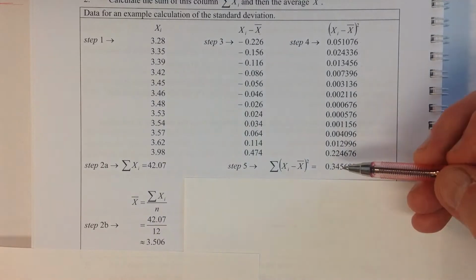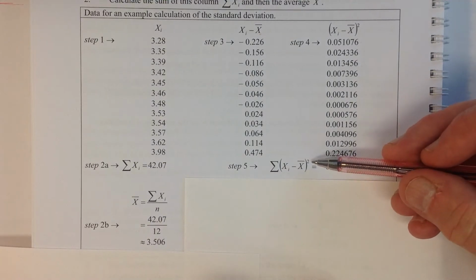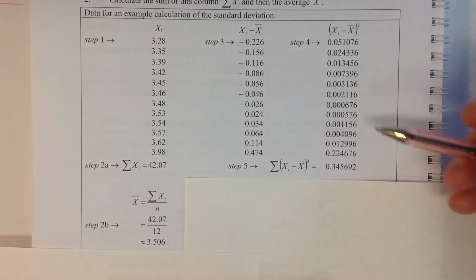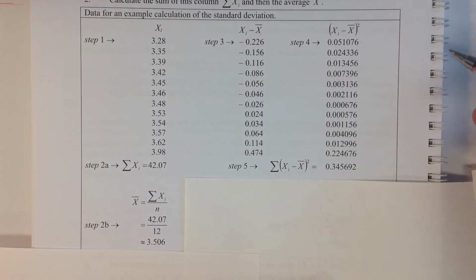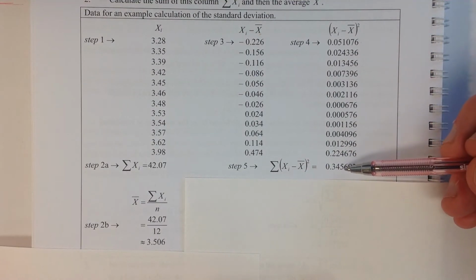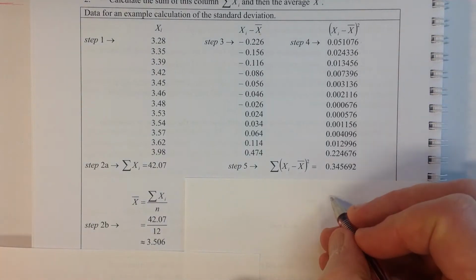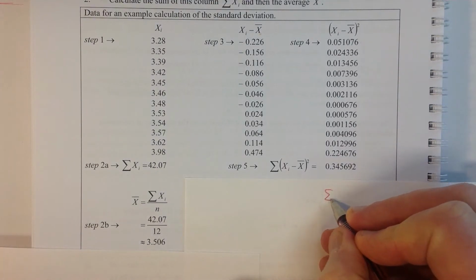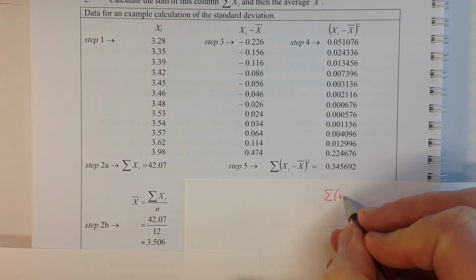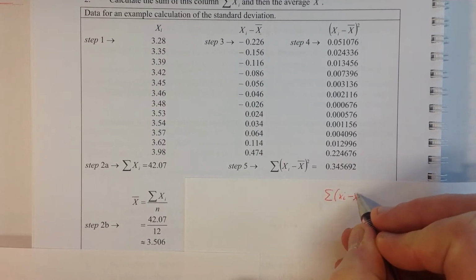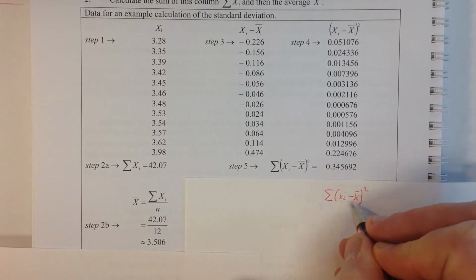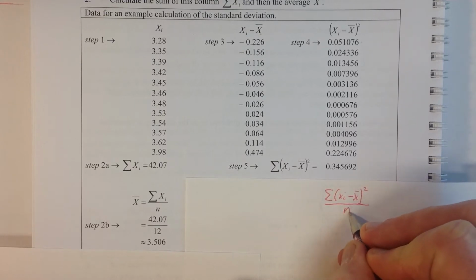So that is the sum of the squares of the deviation of the mean. It's just the sum of that column of numbers. Let's work out the average of that value. Now the average of that value would be sigma xi minus x bar all squared over n.